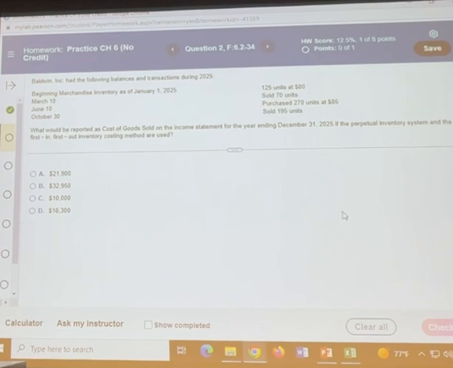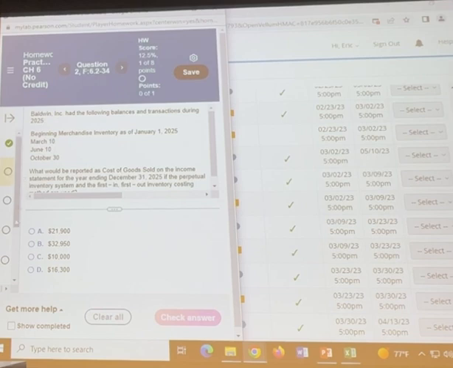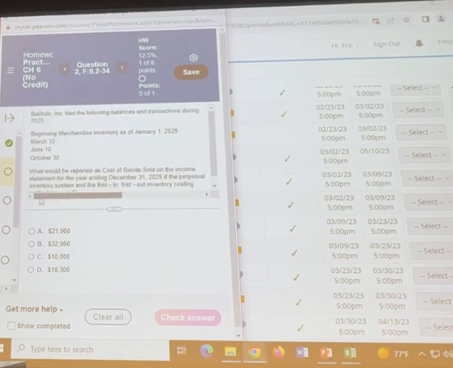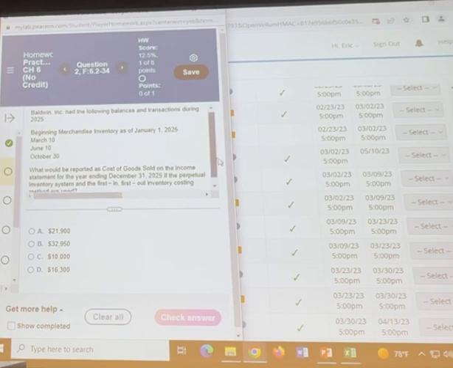This is going to be kind of a difficult one. The question is, what would be reported as cost of goods sold on the income statement?